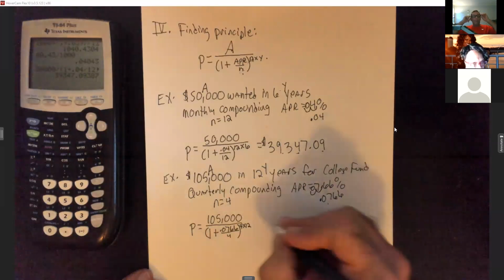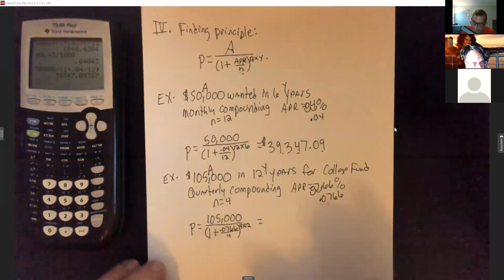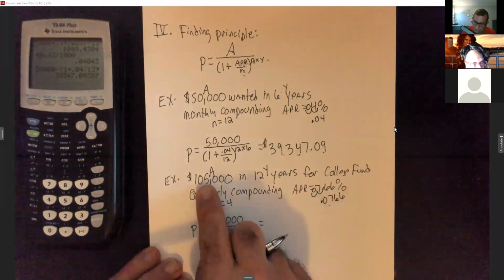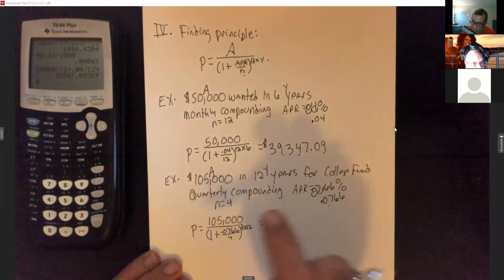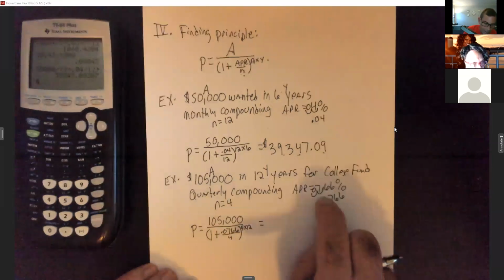All righty, so after I punch that in, we'll see how much we got to invest so that in 12 years, I'll have $105,000 at a quarterly compounding of 7.66%.